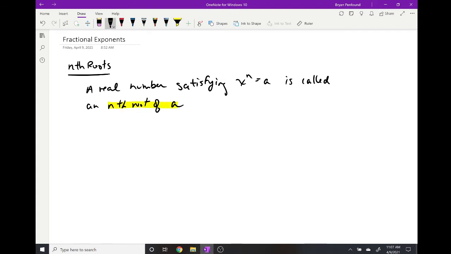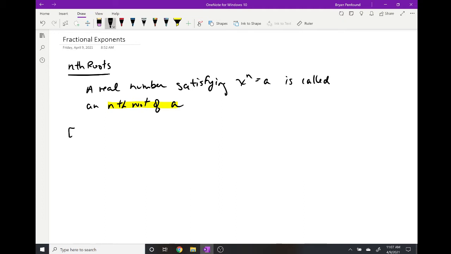Okay, so let's take this to be our formal definition. In other words, we're looking for a real number. We're going to call that real number x. And that real number has to satisfy that when I raise it to a certain power, I get a in return. So that's what we call an nth root of a.